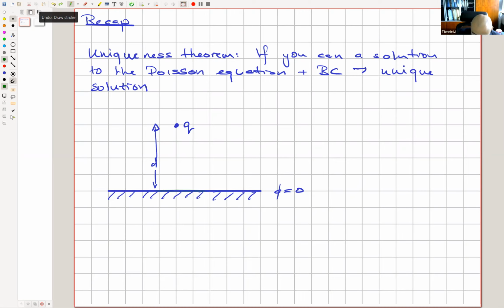But I am perfectly able to exchange this scenario with something that looks like this. If this is Q again, and instead of having a conducting plane, I can put a scenario where I put a negative charge here in such a way that, again, this is also phi equals 0.